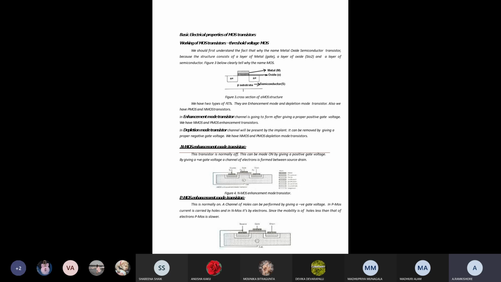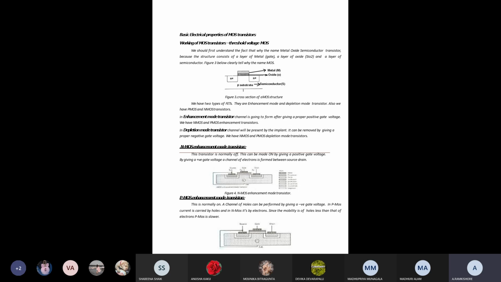So hello everyone. In today's class, we will discuss some of the basic electrical properties of MOS transistors. We are already very familiar with MOS transistor operation and the working functionality of MOS devices.